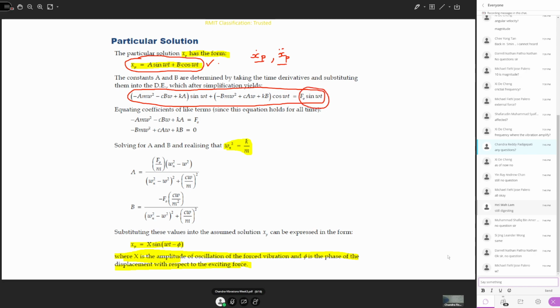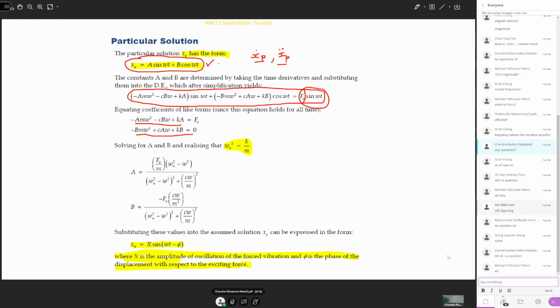If you equate the coefficients on both sides, the first part you can equate with f naught. Then the second part you can equate with 0, because the right side has no cos omega t term.